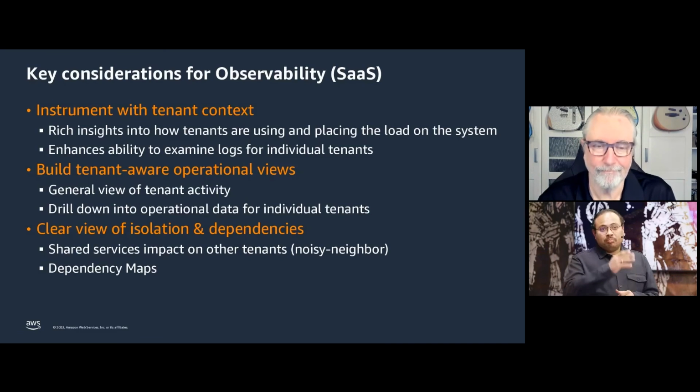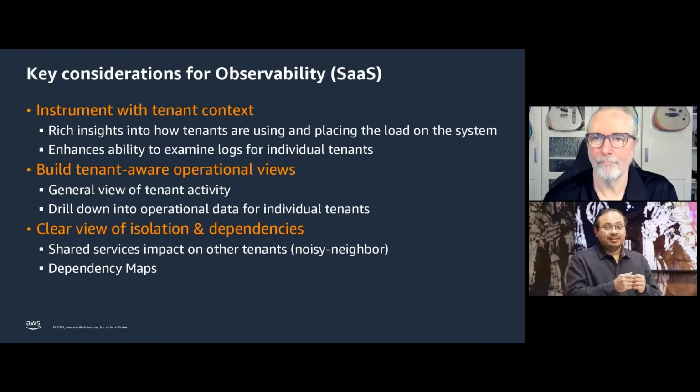And by having a clearly defined comprehensive observability strategy, specifically in SaaS applications, and building this kind of operational views, we also help your support teams, customer success teams, to drill down into, hey, this tenant has reached out to me that something is wrong with their tenant, whatever product that they're using, and having this kind of view will help enable the support teams in looking into tenant specific information.